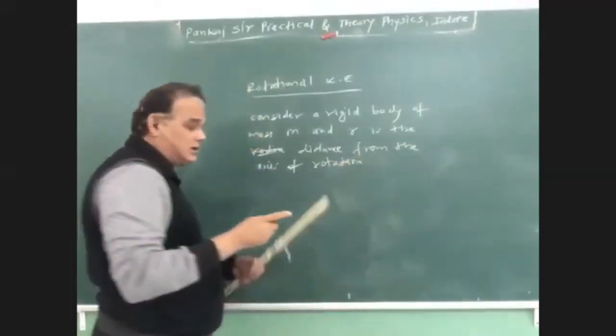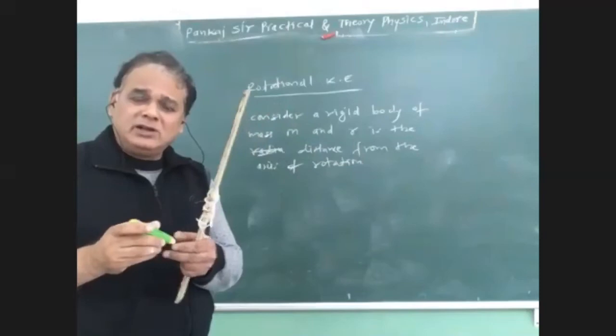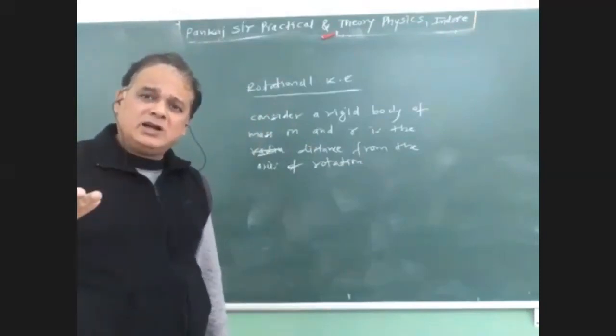Correct? Now the rigid body is surely moving with velocity v, and so it has a kinetic energy half mv square.